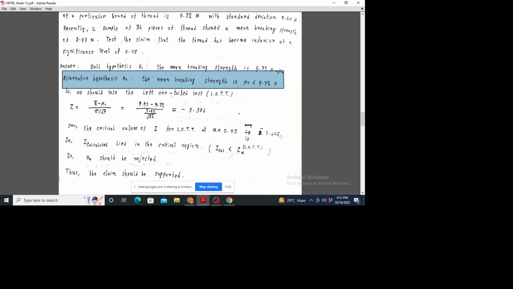But the Z value which you have found is minus 3.386. So that means the Z value does not lie in the critical region of the right one-tailed test. Here it lies in the critical region of the left one-tailed test.